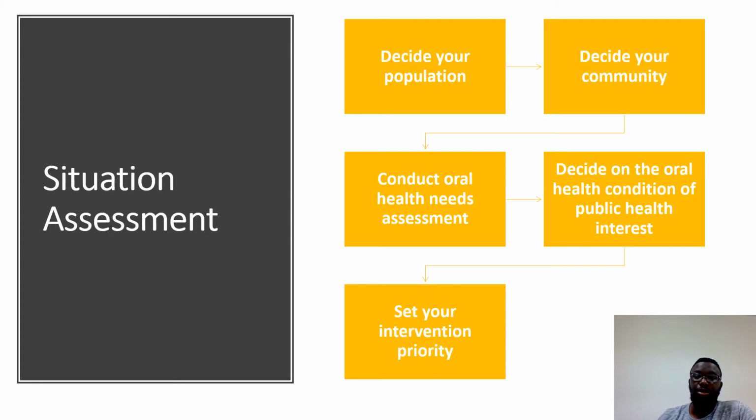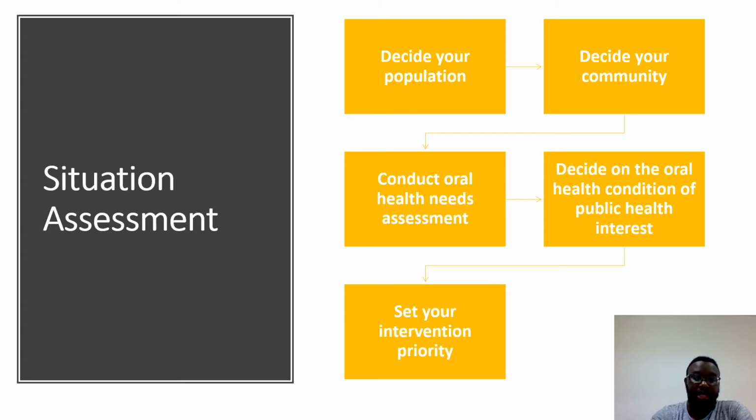So you've decided on your population, you decide on your community, okay, and then you conduct the oral health need assessment that I've said, either that it is there for you or you need to do it from scratch. It's up to you depending on the resources you have and where you are, and then you decide on the oral health need that is of public health importance.